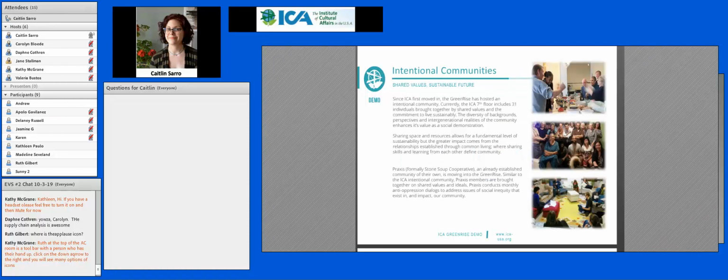Another aspect of that is this being a building where people are both working and living. There's intentional communities here, people who live together and share resources. They share common spaces, bathrooms, kitchen spaces. The larger community is very intergenerational and has around 30 people.